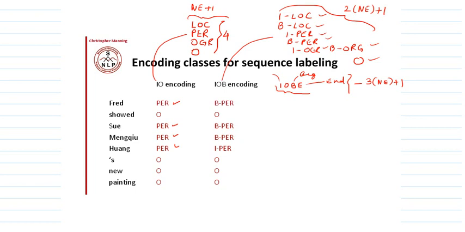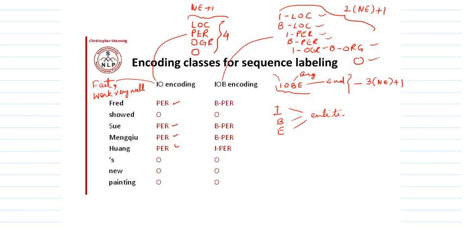Okay, so the IO encoding is actually fast, and the performance is quite good. Why do we require the intermediate, beginning, or ending labels for these entities?